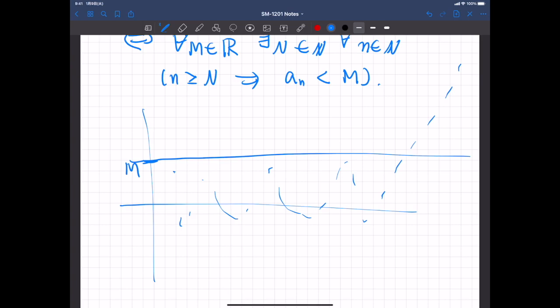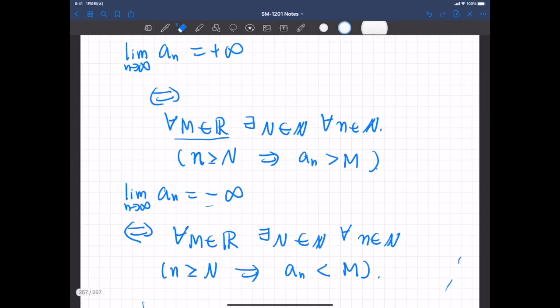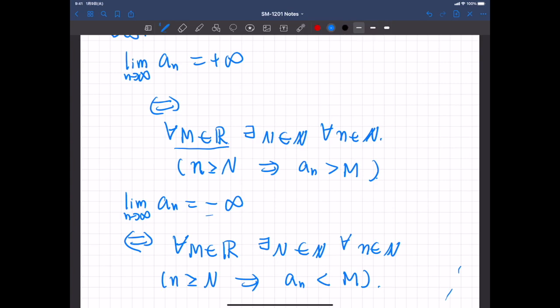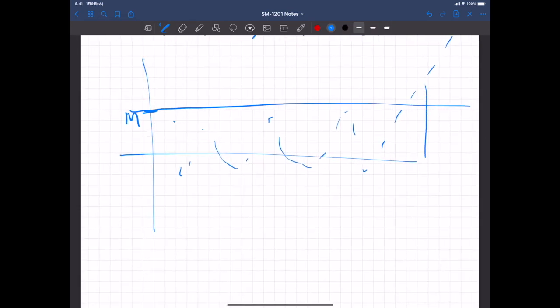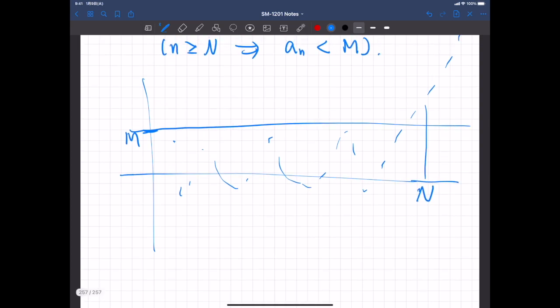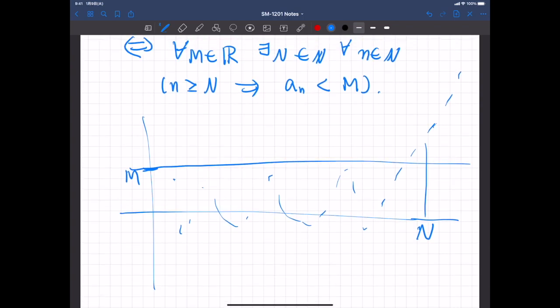If we take large enough capital N, then after that, all the values of the sequence are greater than this chosen value of m. So actually, N should be somewhere here. After this point, all the values of the sequence are greater than this value.